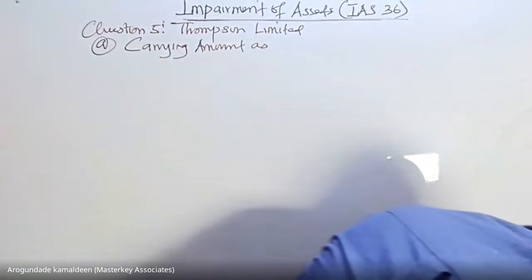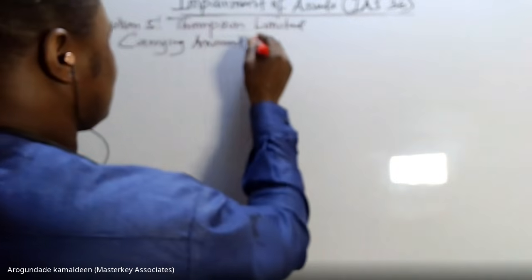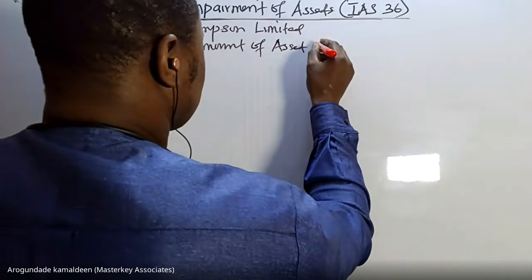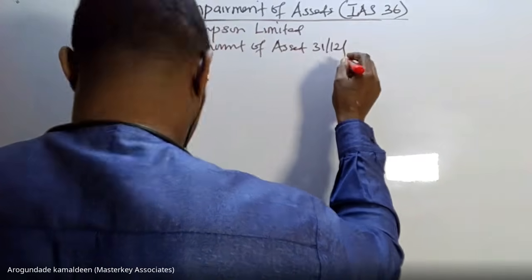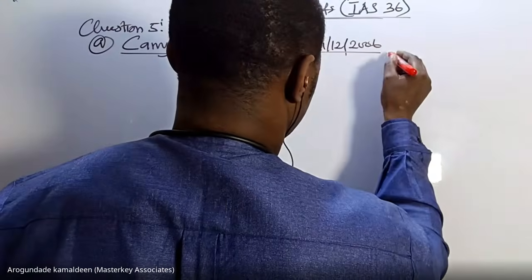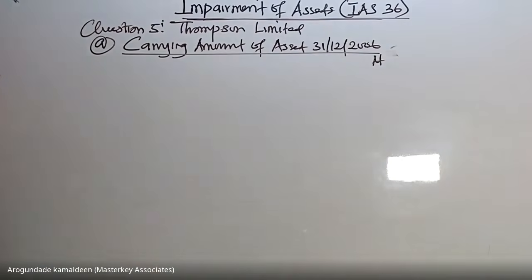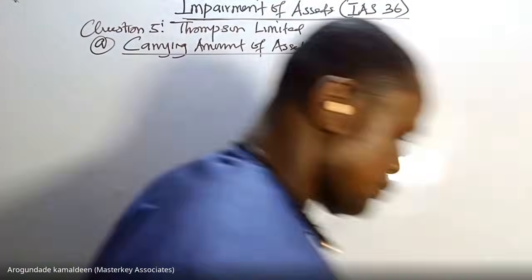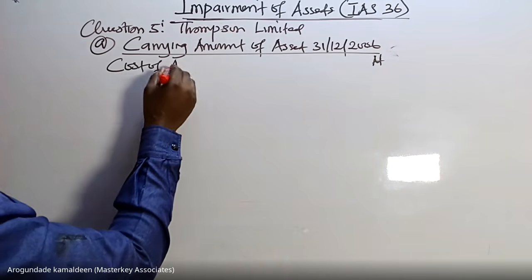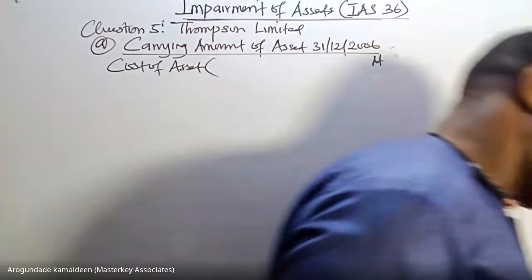This is the cost of the assets. Now, when was this thing bought?